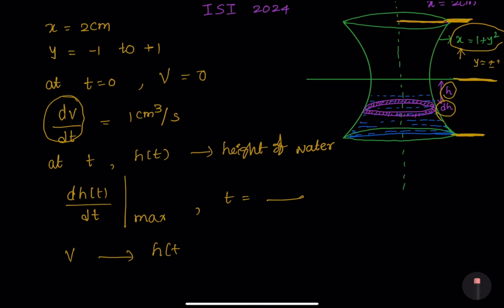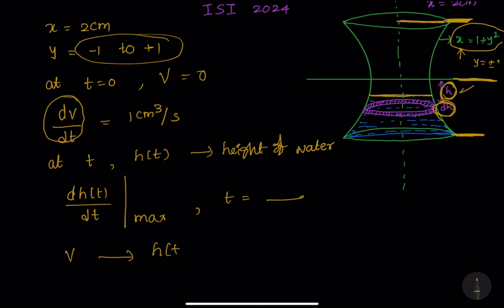So your height varies from -1 to +1. Now to find the volume of water, let us say you have water till some level, this particular level. I have considered a disk which has a thickness dh and the height from the x-axis is h.